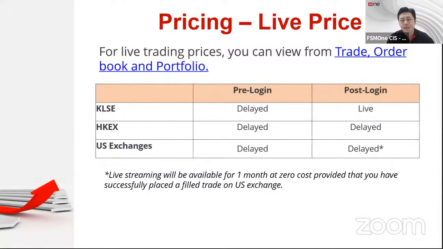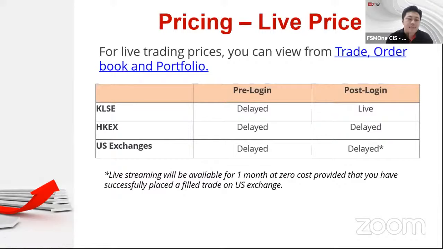Next we will discuss the pricing, which is the live price. You may always remember that you can view live price from Trade, Order Book, and Portfolio only in our platform. Meaning to say, when you log into your account, these three tabs will be the pages that show you the live price of the market.